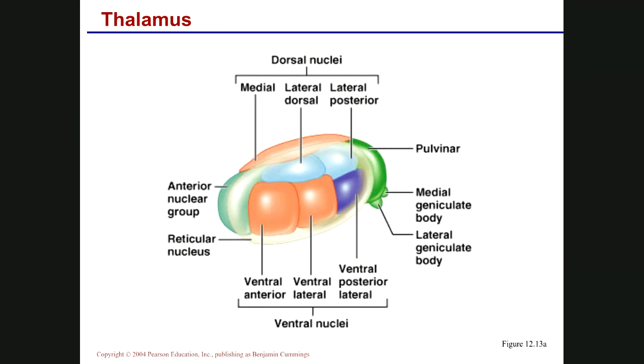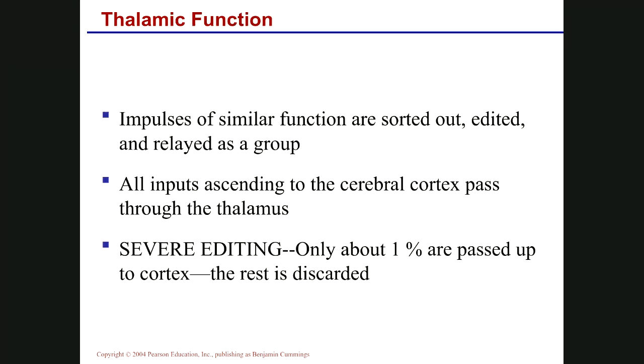They come here, they terminate here, and again, we're going to combine all these things, sort them out, edit it, bundle it, and relay it as a group. But not everything that makes it to the thalamus makes it up to the cortex.